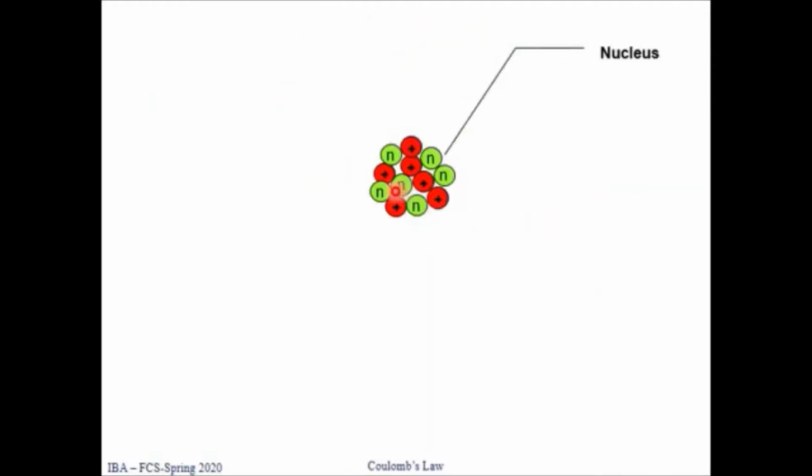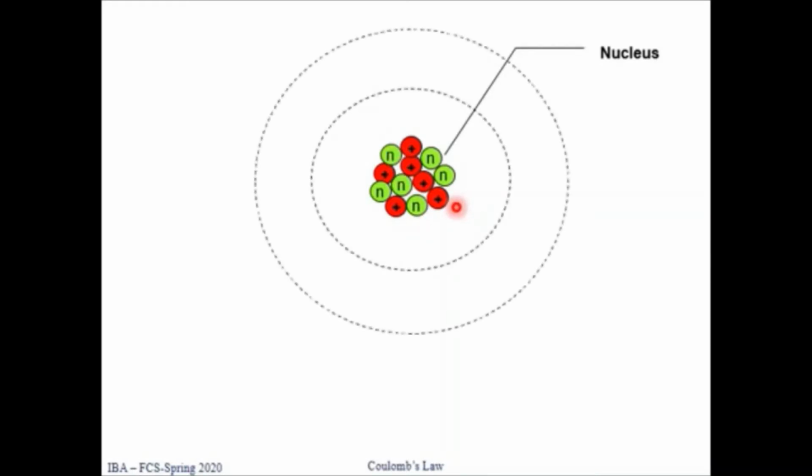A neutral particle is known as a neutron. And in order to balance these positive charges, negative charges revolve around this nucleus, so that the whole atom is considered neutral. Now let me introduce some negative charge around this nucleus.